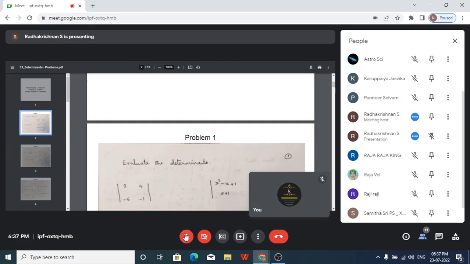We should do that, then the problem will become simpler. So you can see something common in a row. Second row. X plus 1, sir. Yes. So you should take out that x plus 1 and make it as 1, 1. Then it will become easier for you, right?